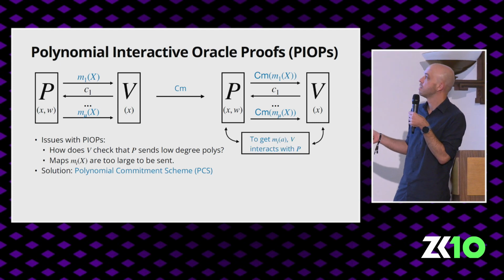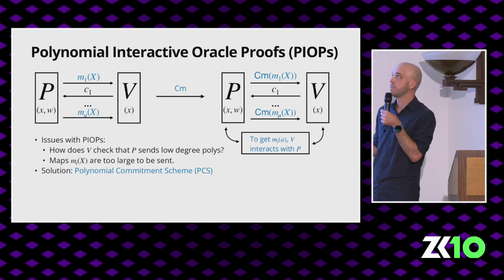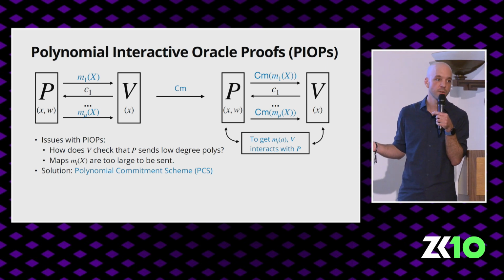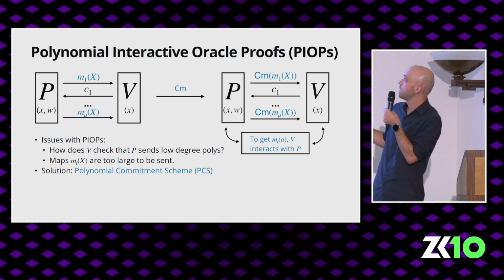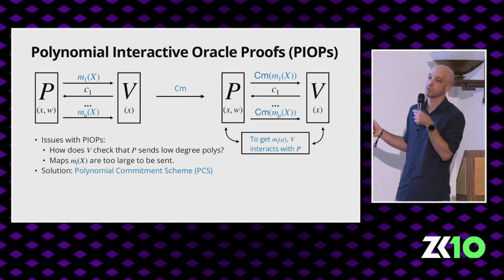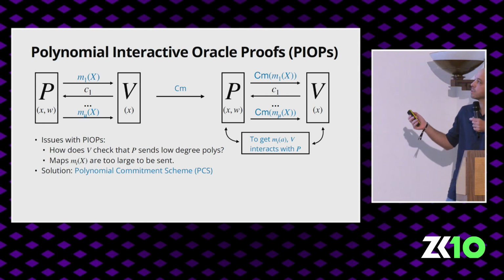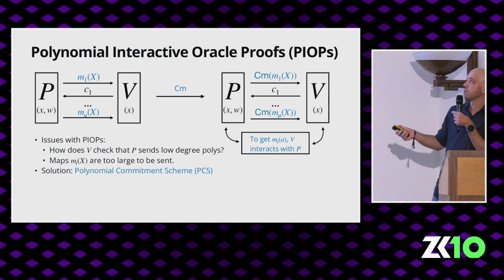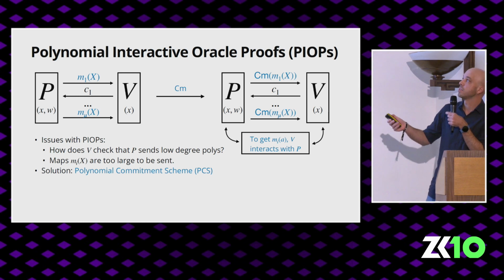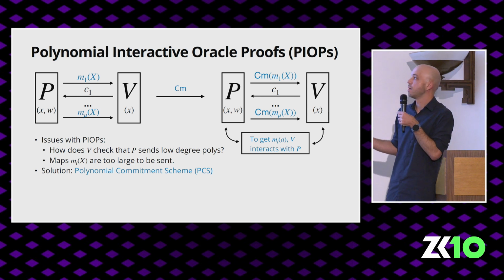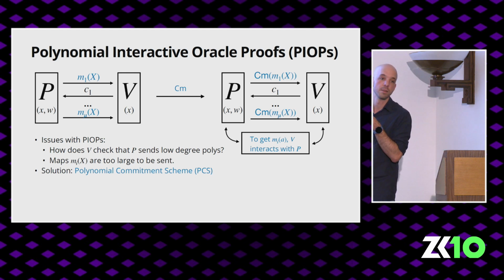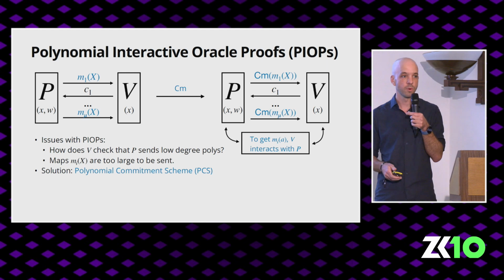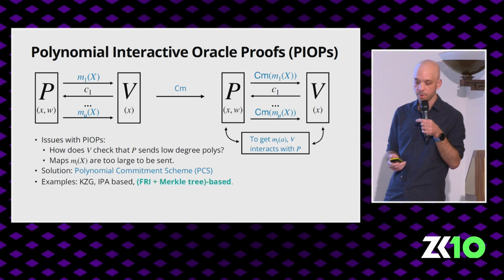Recall that at the end of the interactive phase, the verifier opens the polynomials at some random points. Now the verifier has commitments, so it cannot just open them. When it wants to open one of the maps, it interacts with the prover according to the specification of the PCS and opens the polynomials at the points it wants.